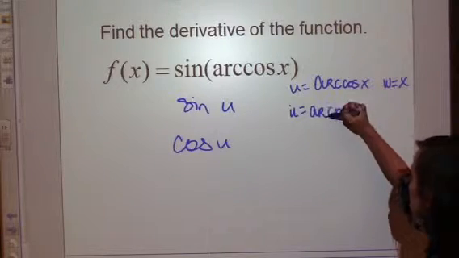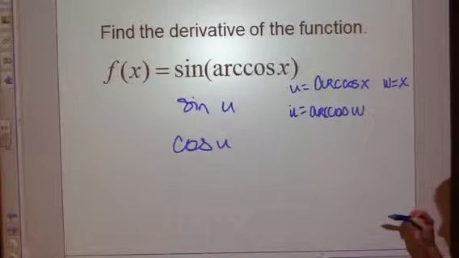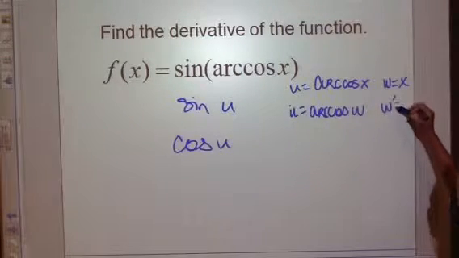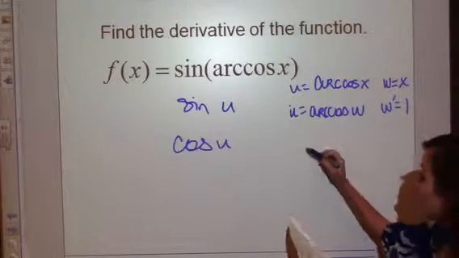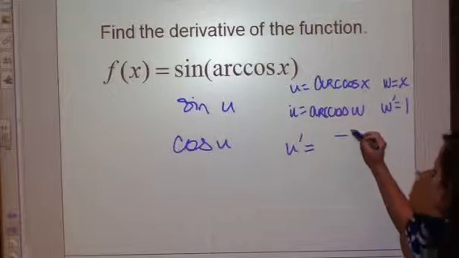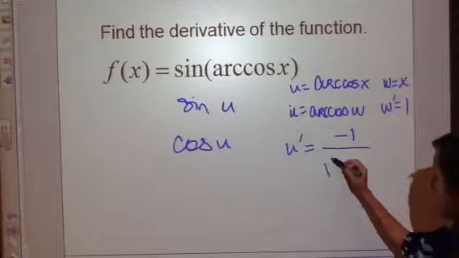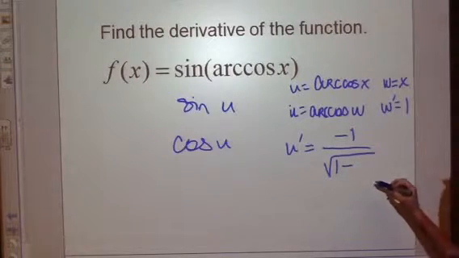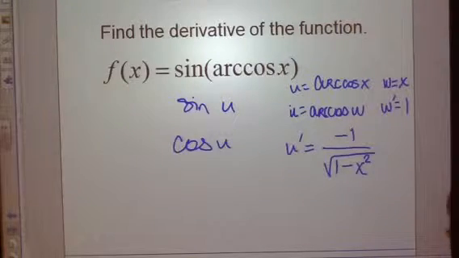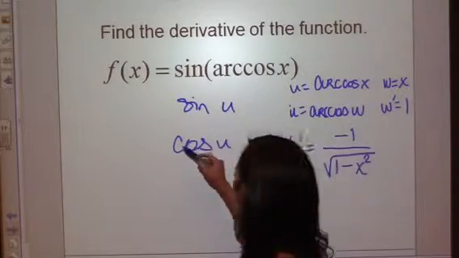So arc cosine, let's do the derivative over here. The derivative of w is 1. So we got derivative of u is negative 1 over the square root of 1 minus x squared. So then we get to put these together.